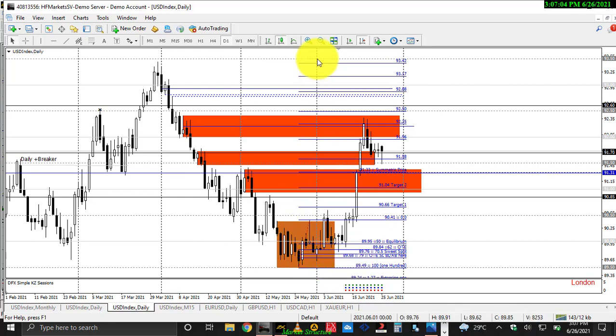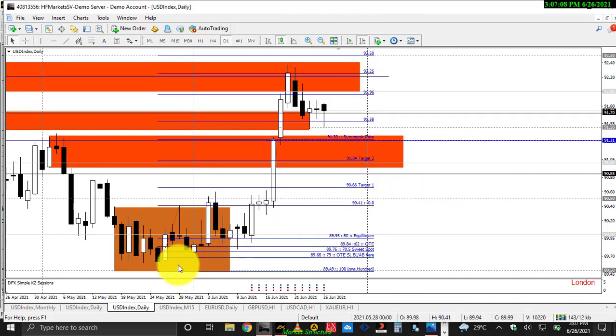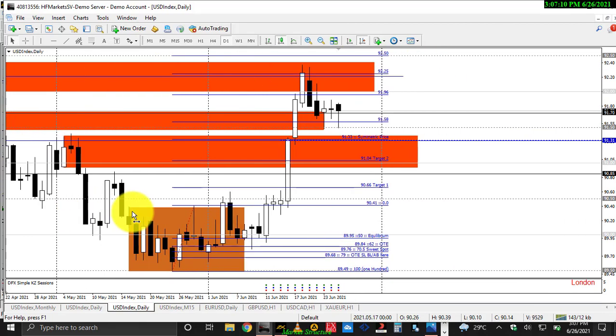Now, if price had taken out this low, I would have expected it to go much lower, and anytime it rallied back into this particular candle, I would sell the dollar. But we had our pullback, which went more than 50%, which is much better.